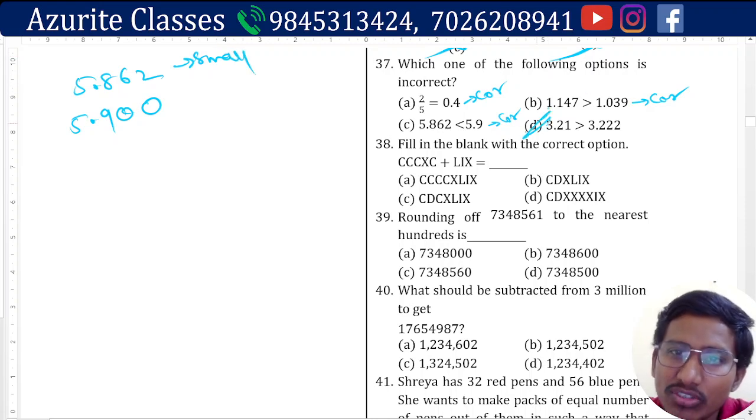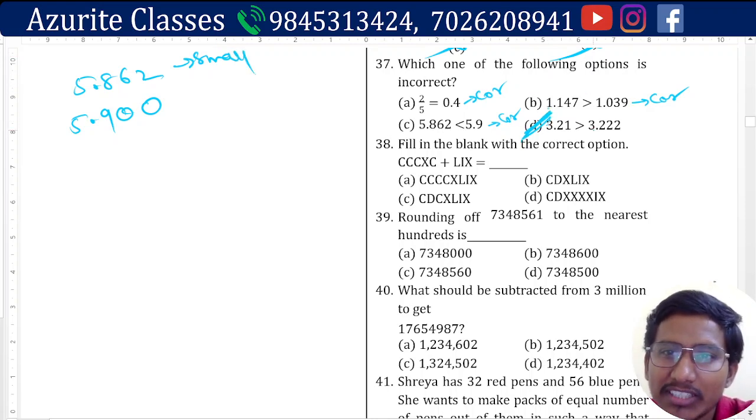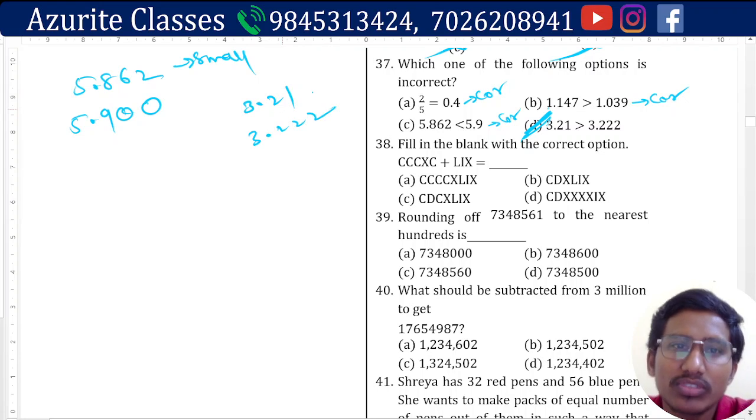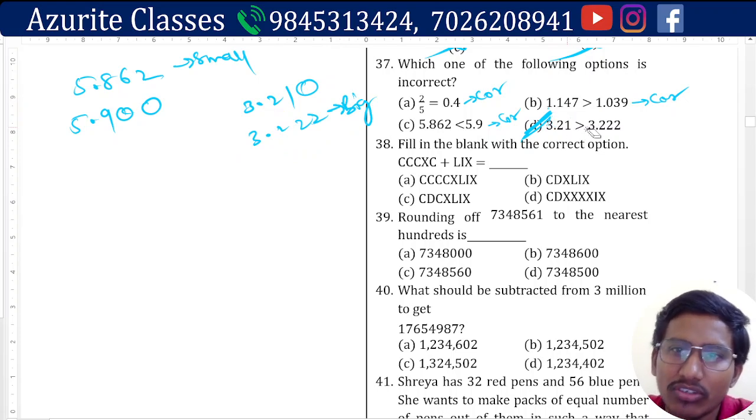So D is not correct, that is 3.21 and 3.222. Nothing means zero will be there. So 3210 and this is 3222. This is the bigger one, but they have given 3.21 as bigger, so that is incorrect, wrong. This is incorrect.